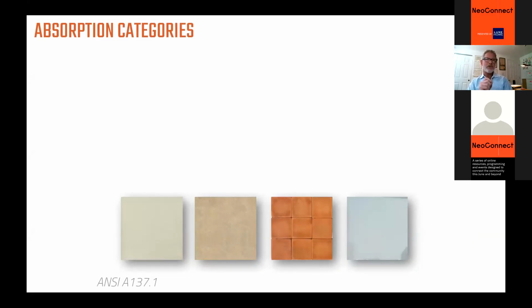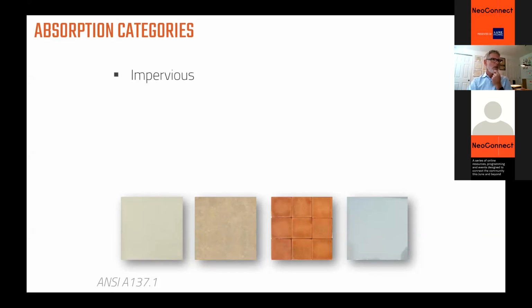We can classify a tile based on many different criteria: size, composition, hardness, scratch resistance, porosity or absorption, and the type of edges that the tile has. And these are all important physical criteria of tile.